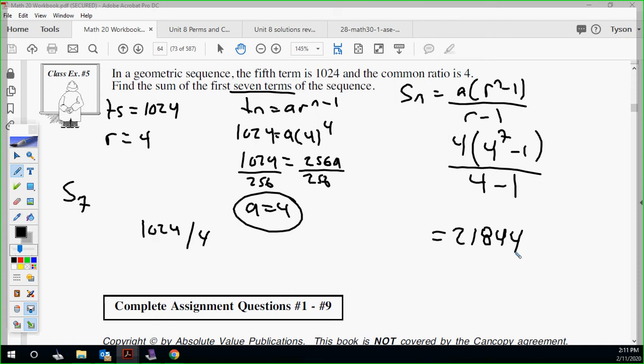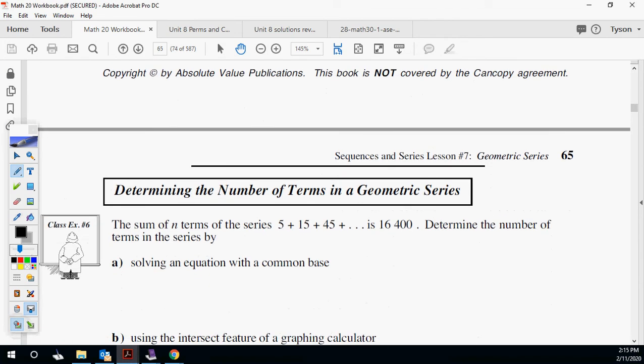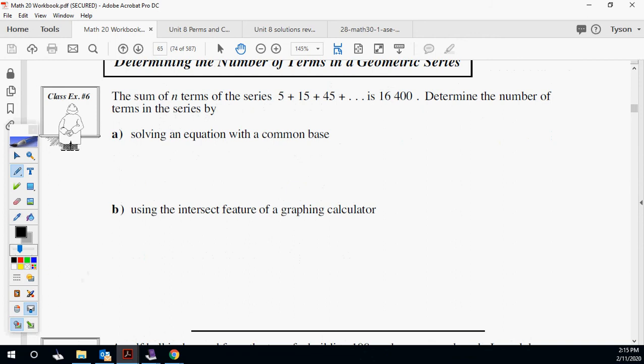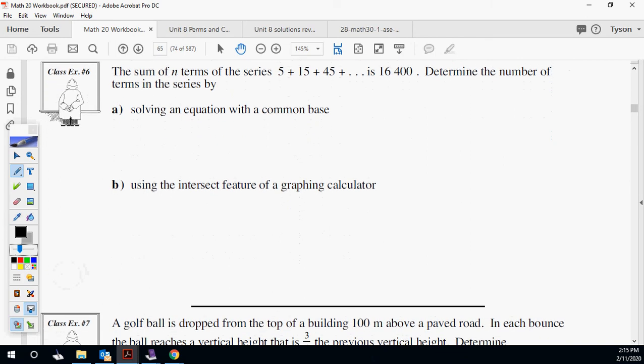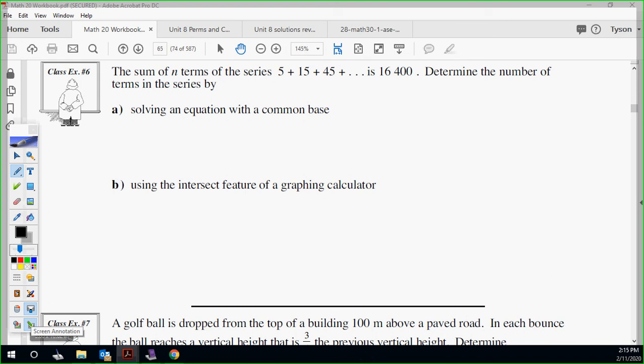All right, so a couple more here. Okay, so determine the number of terms of the geometric series. So now we're trying to find the number of terms since we're looking for n. So solve the sum of the n terms of series 5, 15, 45, all the way up to 16,400.